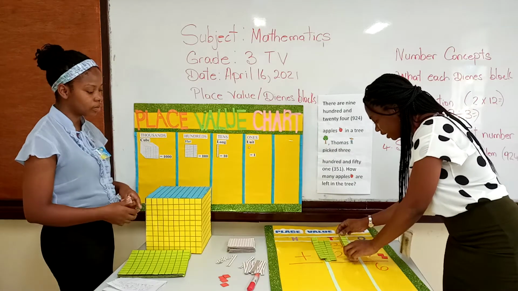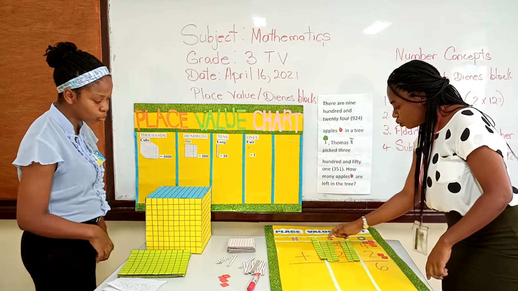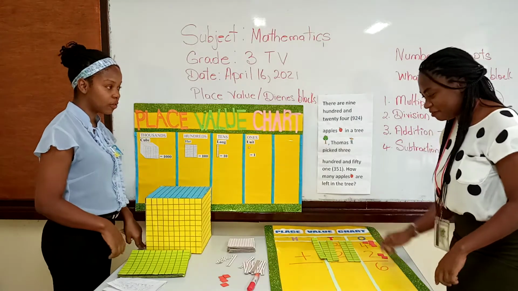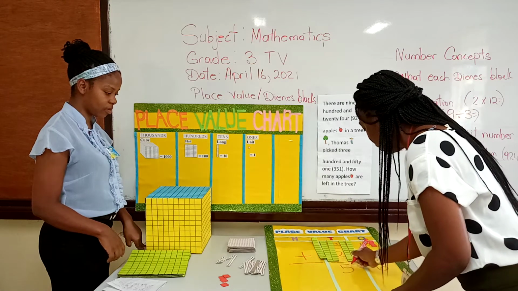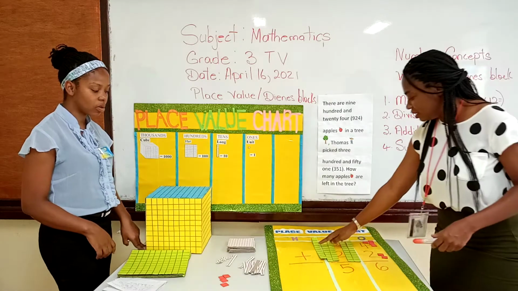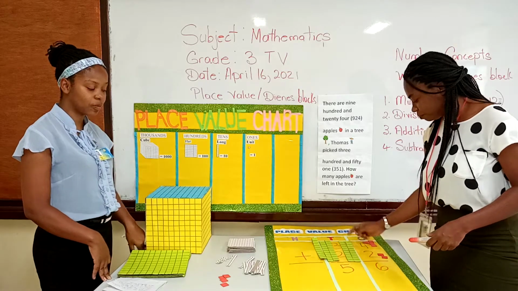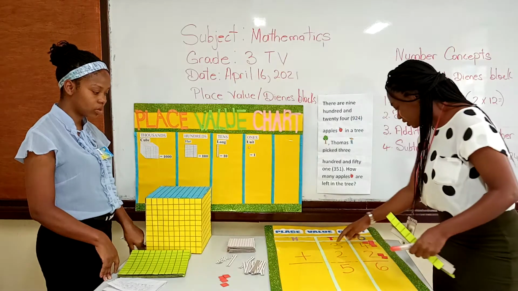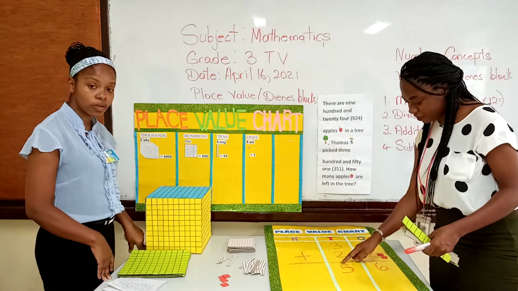Let us count them together. 1, 2, 3, 4, 5. So that is 5, 50, right? Because we have 10, 20, 30, 40, 50. So this is our answer. 34 plus 22 equals 56.